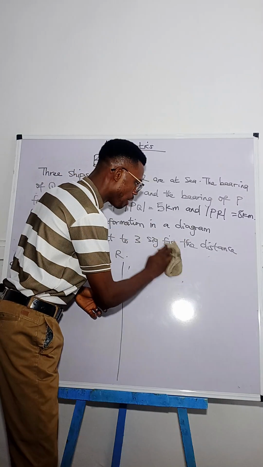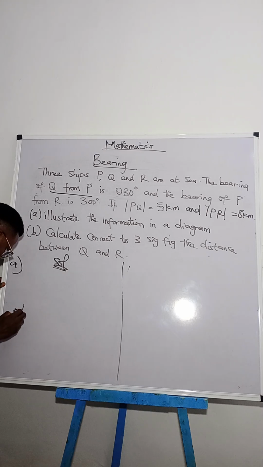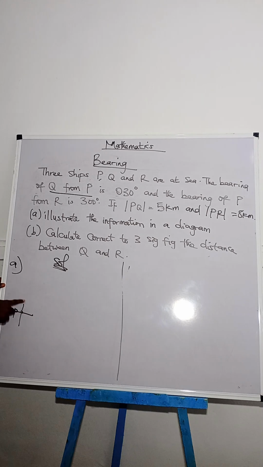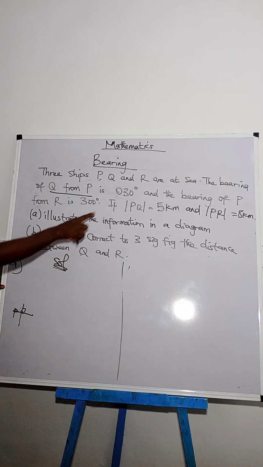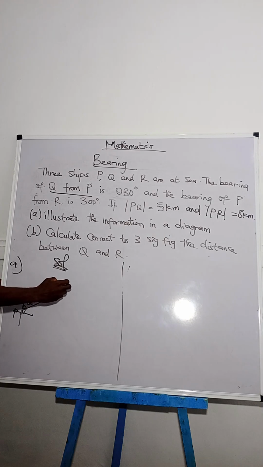Clockwise from north. So from P is 30 degrees. This is my 4 cardinal points: north, south, west, east. Now this quadrant is 90 degrees. Now they say 30 degrees, so 30 will be somewhere here. That's my 30 now. So this is my point Q, 30 degrees.